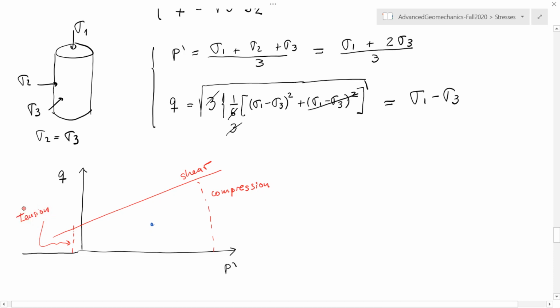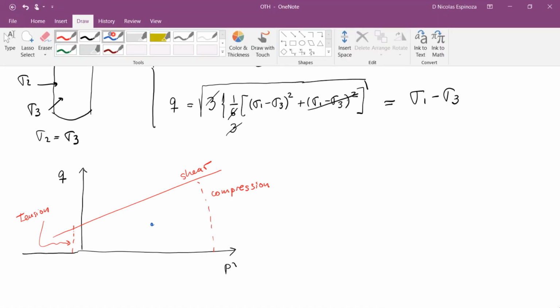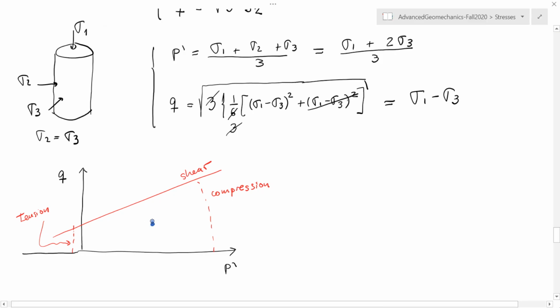And by characterizing the state of stress with just two coordinates, I can see very clearly, for example, if I go through a path of depletion, we're going to see later on why this stress path is moving towards compression.